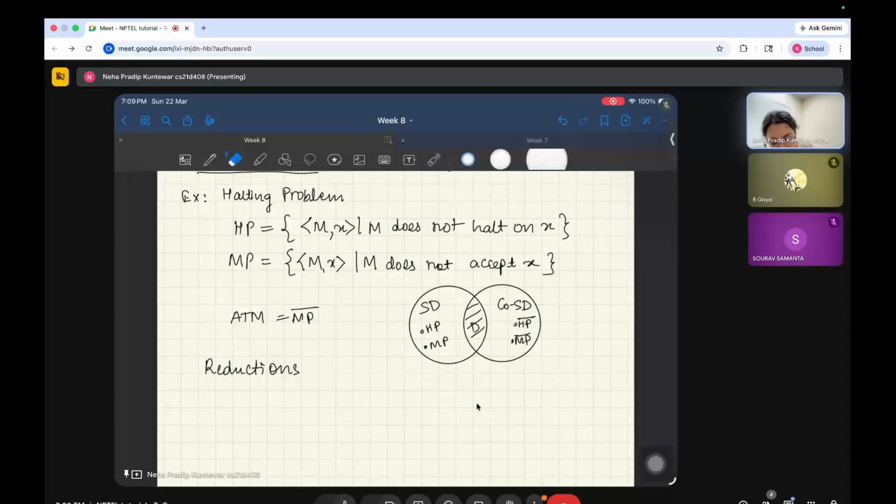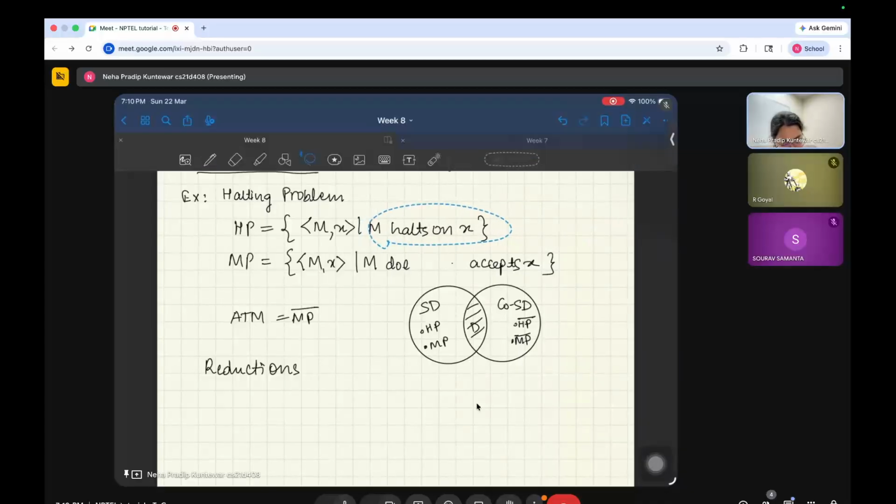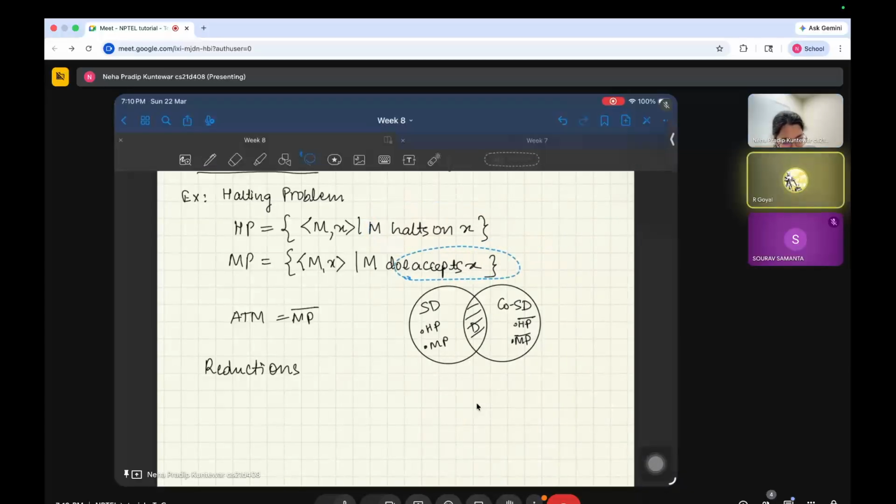What I defined was the complement of m halts on x, and m accepts x. If M accepts X, then usually we call this problem ATM, because while proving that halting is undecidable, we reduce ATM into the halting problem.